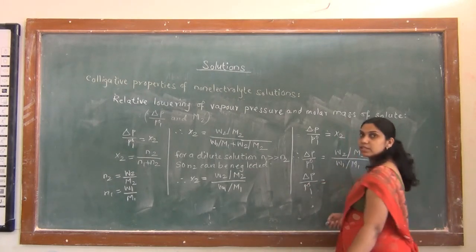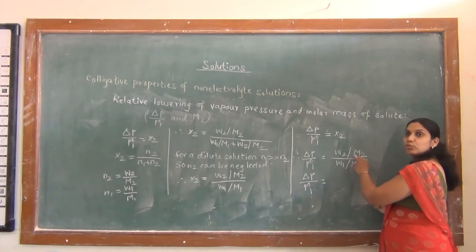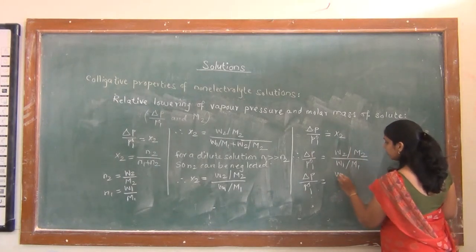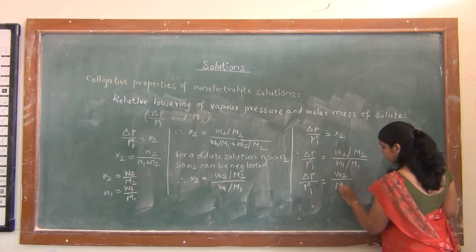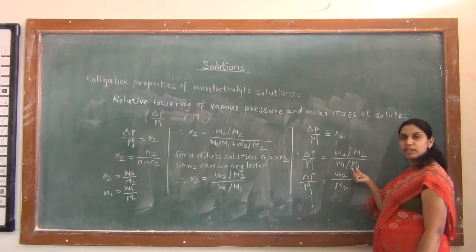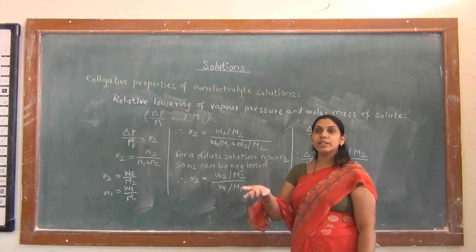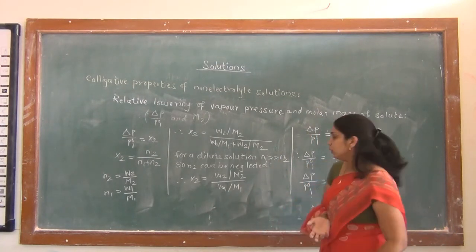By rearranging that equation, we get delta P upon P01 is equal to, this M2 which is in the denominator of the numerator will go into the denominator, and this M1 which is in the denominator of the denominator will go into the numerator.